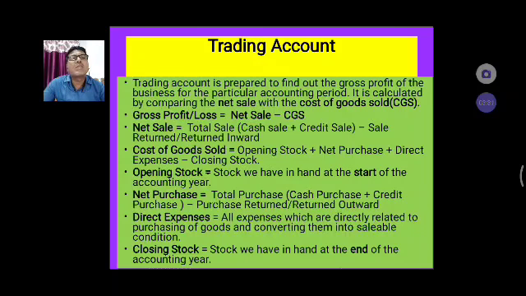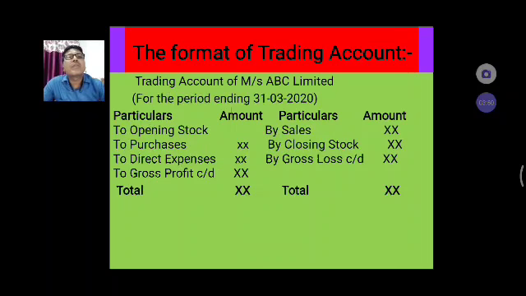Direct expense is equal to all expenses which are directly related to purchasing of goods and converting them into saleable condition. Closing stock is equal to stock we have in hand at the end of the accounting year. These are the information relating to trading account.